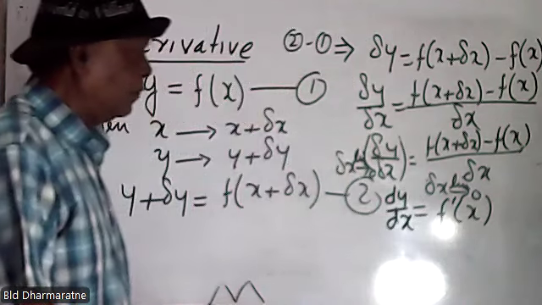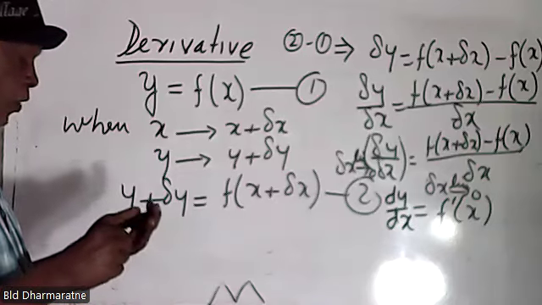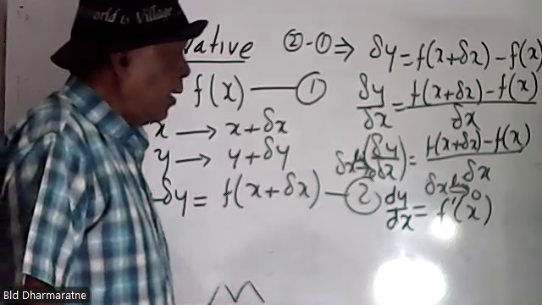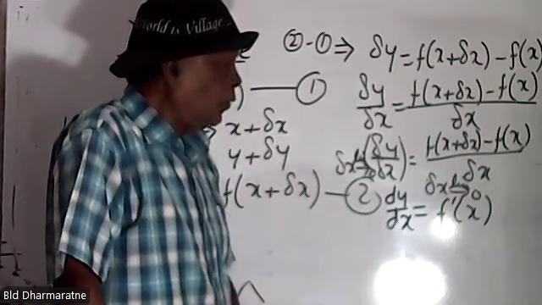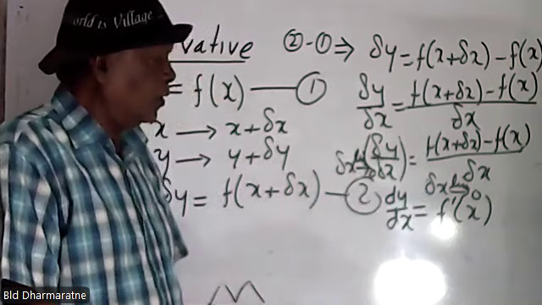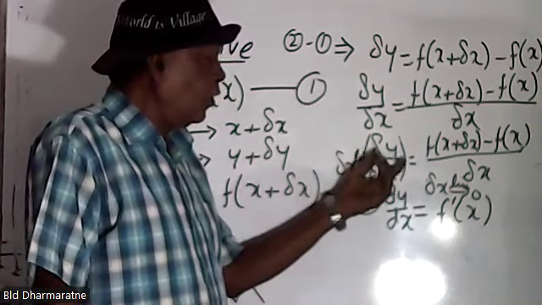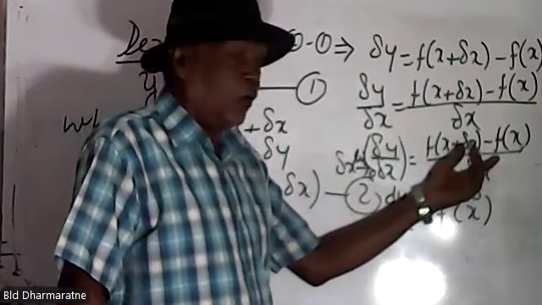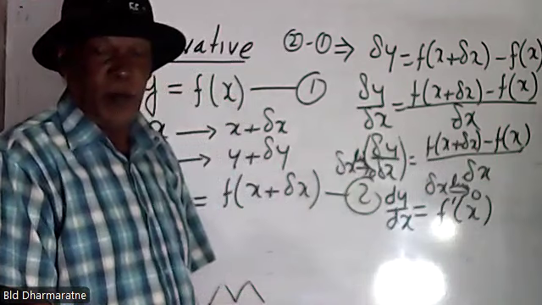Earlier we normally used this notation, but now we are not using this one. Actually, this is called the incremental ratio limiting value.